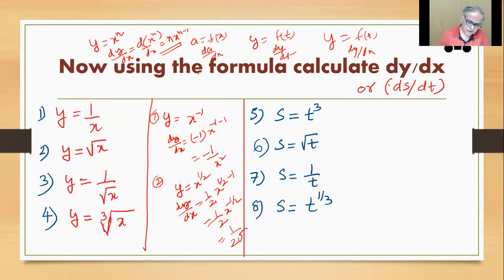So anytime you see y equals root x in future, straight away you write 1 by 2 root x. That should become a habit, like multiplication tables. All right. Third one.